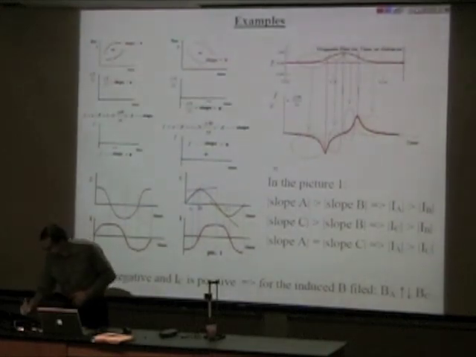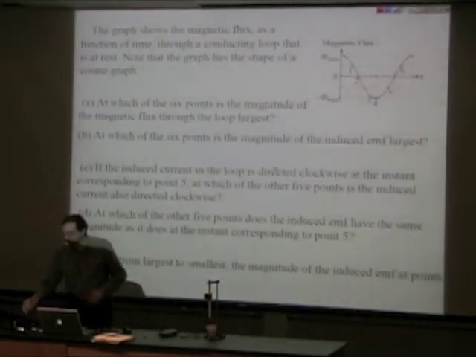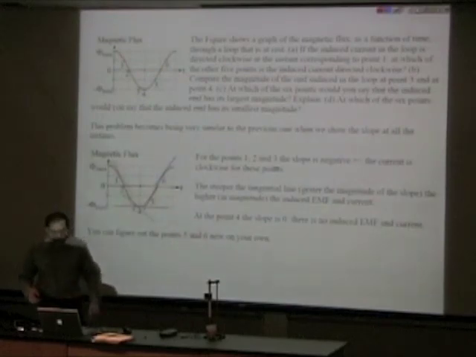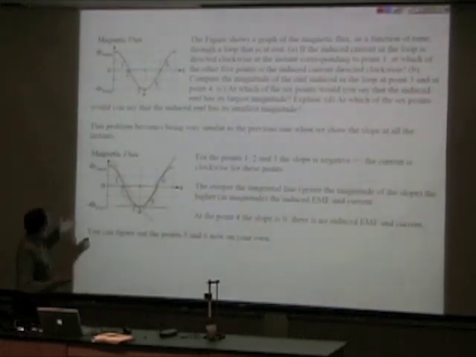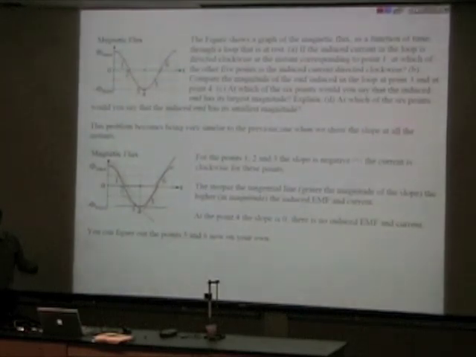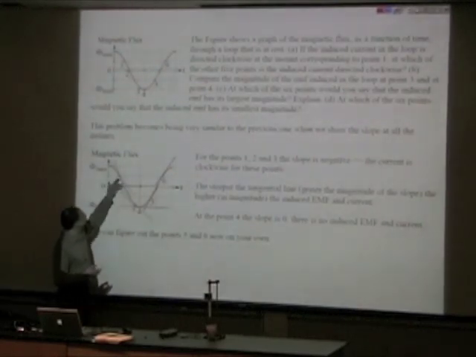This is an example of a problem like that. There is a graph for the change in flux, and you have to compare currents and induced EMFs at different points. So what do you do? You just look at the slope.